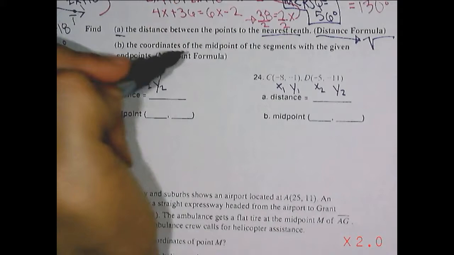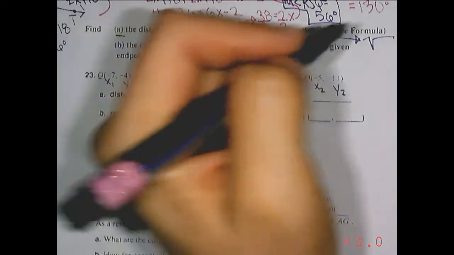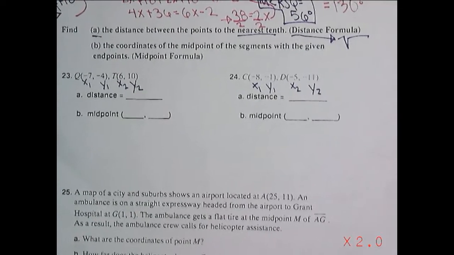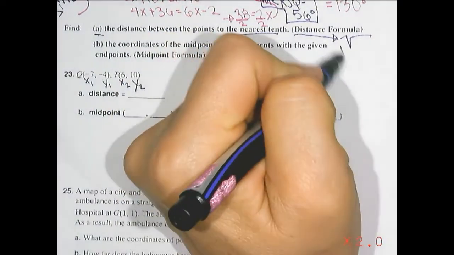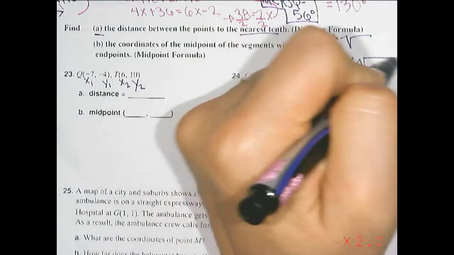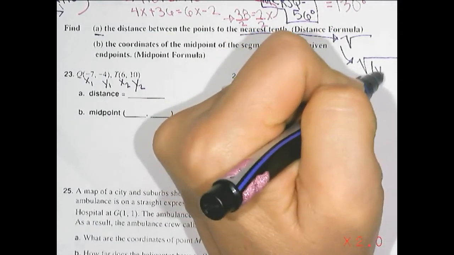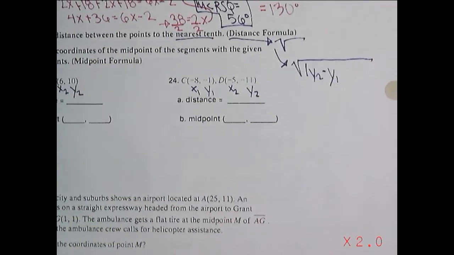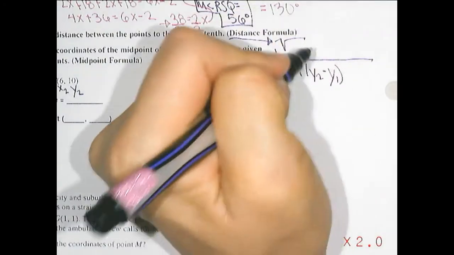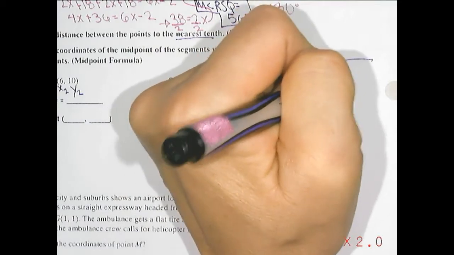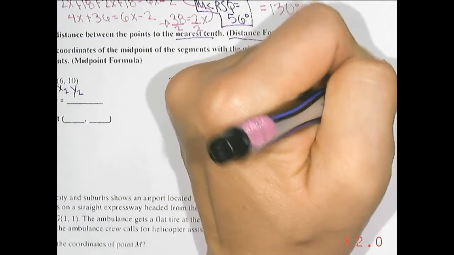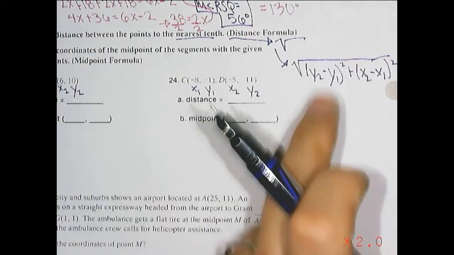Okay, and I need to know my formulas. So the distance formula you guys really need to memorize is y2 minus y1 in parentheses, squared, plus x2 minus x1 in parentheses and squared.